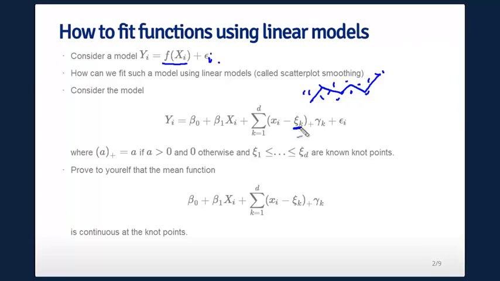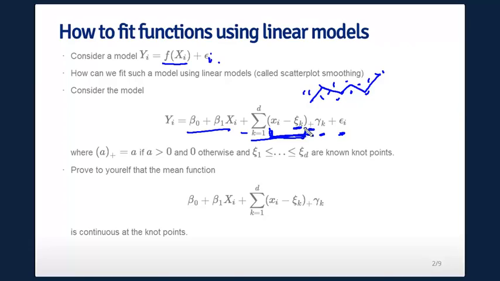I think that Greek letter is called xi, and notice the little plus right there. I'll describe what that is in a minute. But imagine we have a line, and then we have plus these guys times some other parameters, and then our epsilon i. These guys are known. These are numbers. Given that we know our x's, we know these guys.